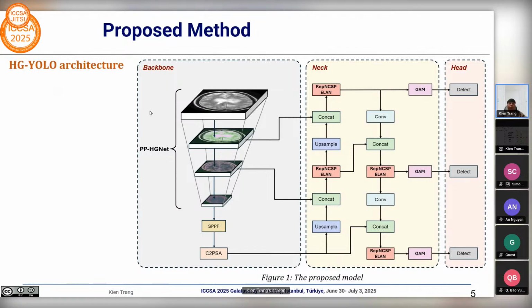The C2PSA, the cross-stage partial spatial attention, is applied to provide an attention mechanism at the end of the backbone.